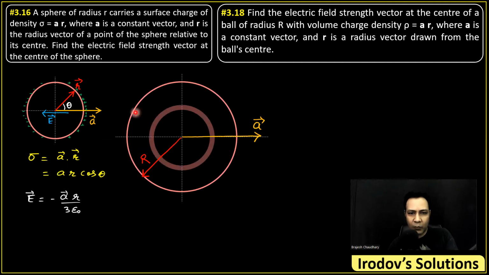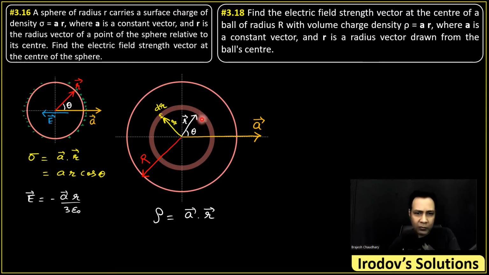So this is composed of many shells close to each other, and this is one of the shells whose radius is r to r plus dr. I will take a general position vector r at an angular position theta.